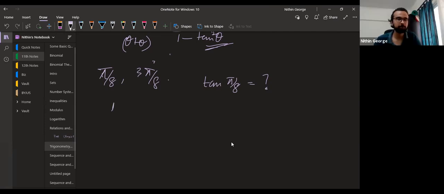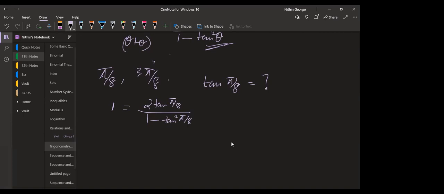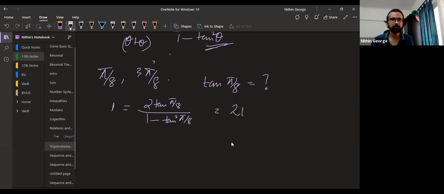What is tan pi by 4? 1. That I can write as 2 tan pi by 8 by 1 minus tan square pi by 8. Right or wrong? Okay. So then I write this as 2t by 1 minus t square, and I'll get t square plus 2t minus 1 equal to 0.